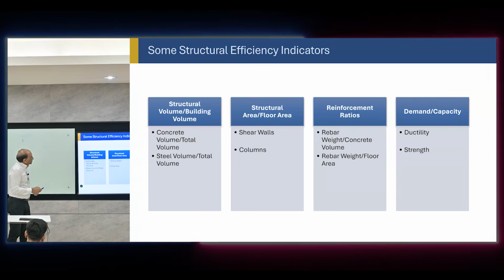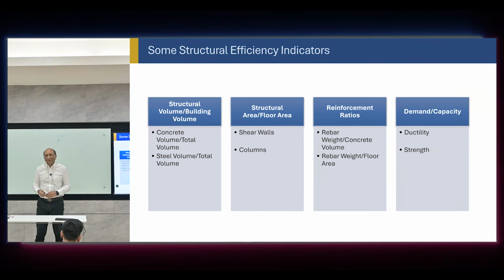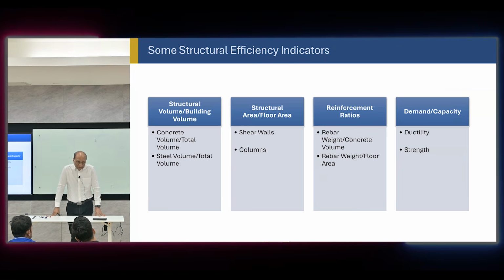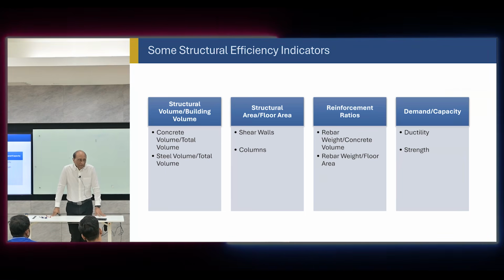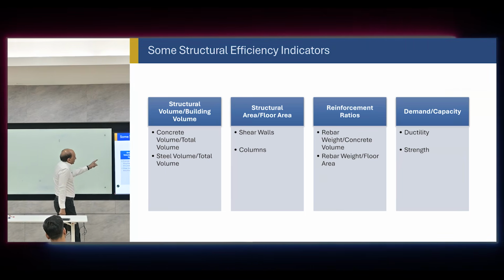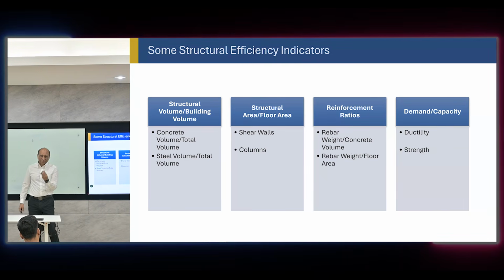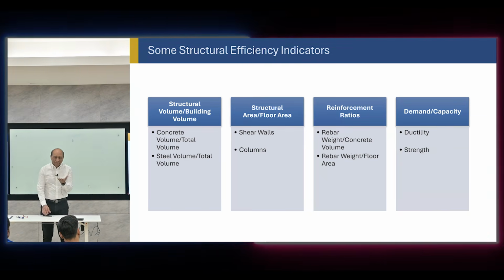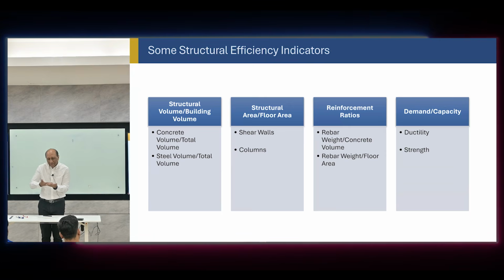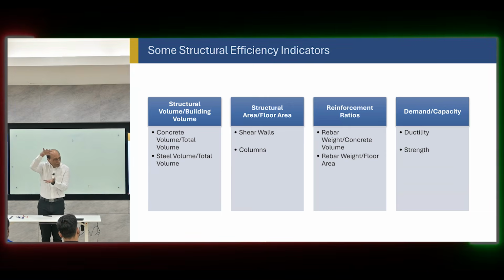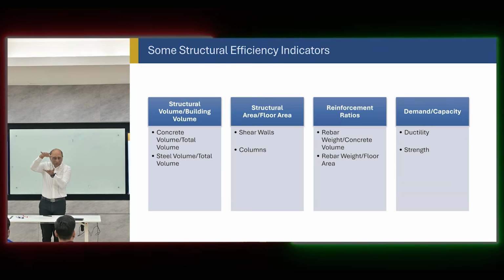Okay, so some structural efficiency indicators. Coming back to now, how do we measure in real numbers? What is it that we are looking for? One of the things is the structural volume over building volume. This is one measure. Because if you just compare the area of the column, it is not enough of a measure, because you're forgetting about the slab thickness and beam that used the space.